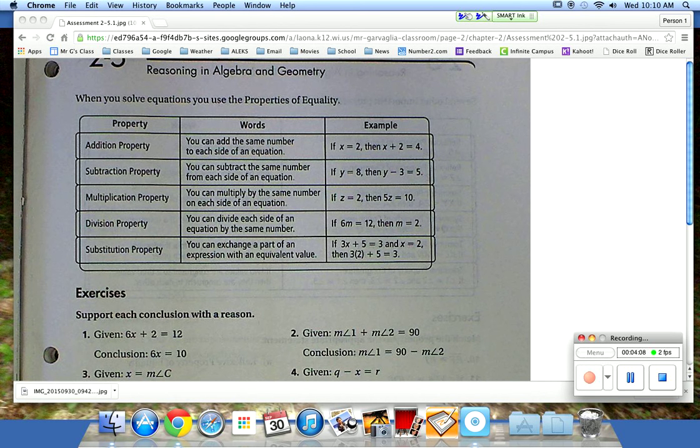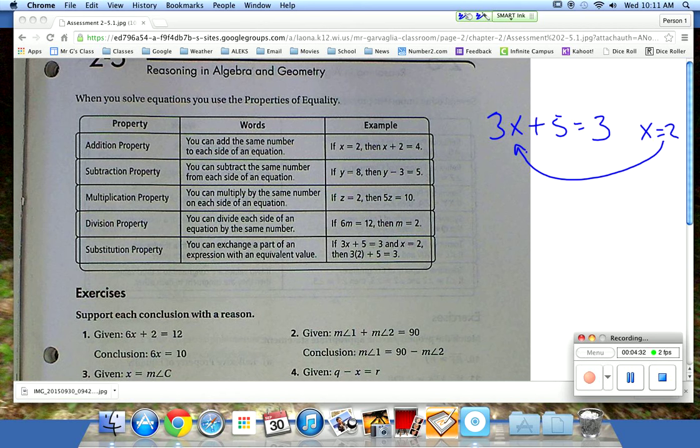And the last one, the substitution property. You exchange a part of an expression with an equivalent value. So in this case, we have 3x plus 5 equals 3, and we say x equals 2. The substitution property is we're putting the 2 in for the x right here.